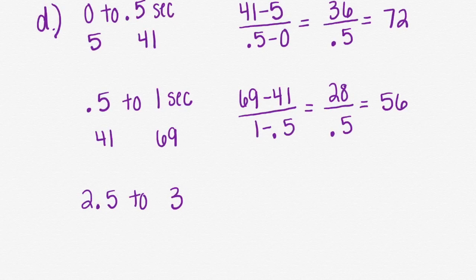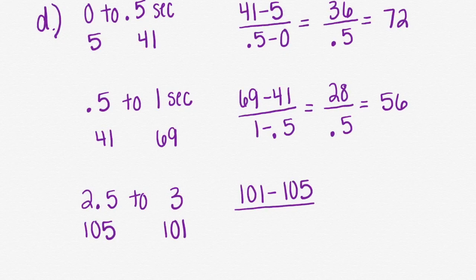From 2.5 to 3, we go from 105 to 101. So we are subtracting 101 minus 105, divided by 0.5, which is going to give you -8.